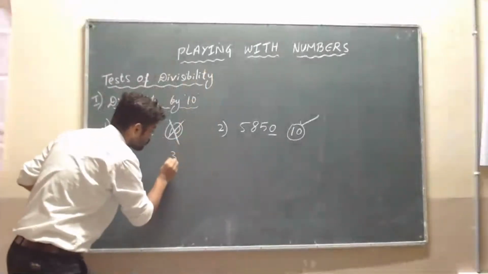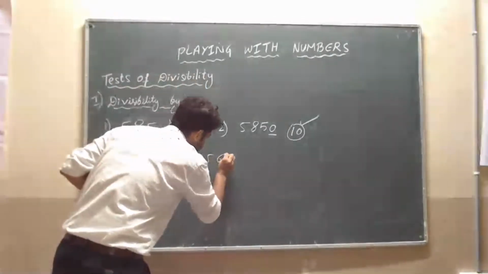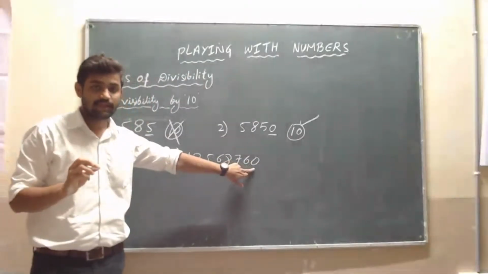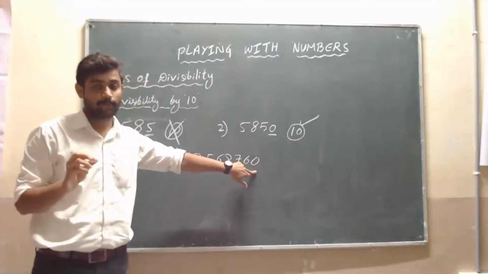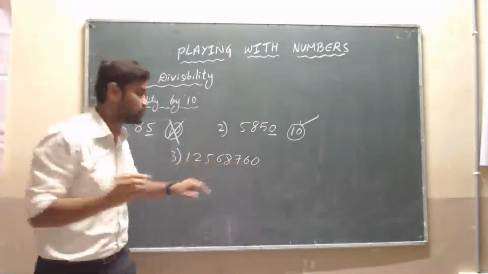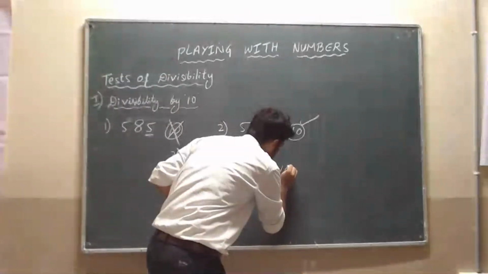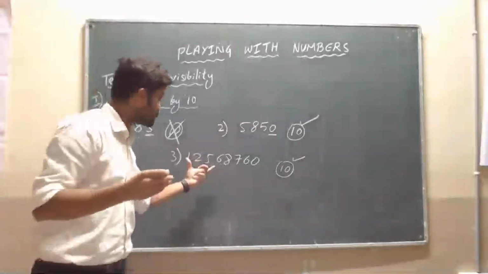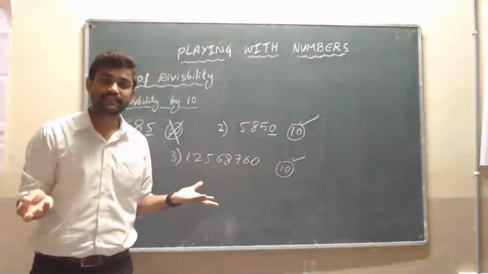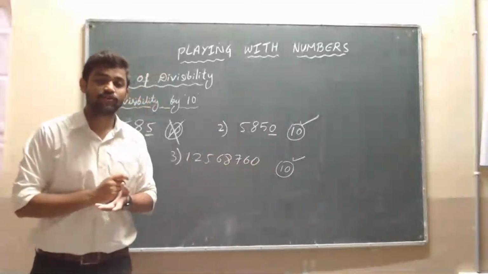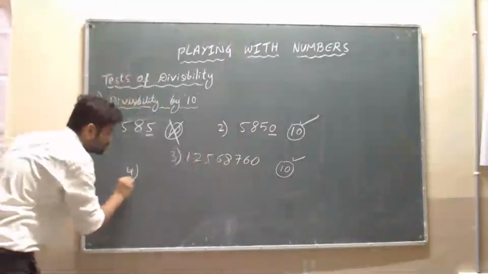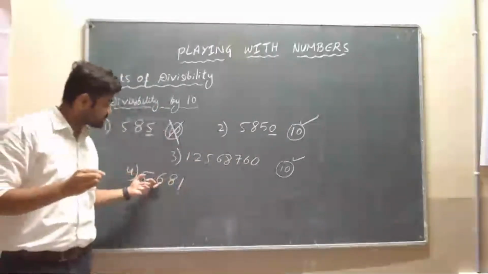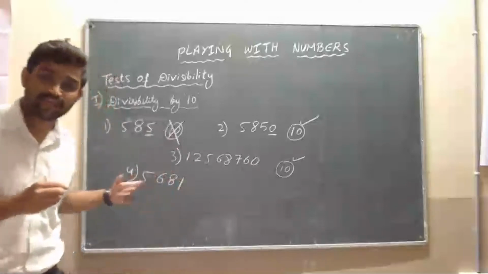Give any big number, say 1, 2, 5, 6, 8, 7, 6, 0. At the ones place it has to be 0, then only it is divisible by 10. Check with your calculator, the remainder is 0. Then again take 5681. Whether this number is divisible by 10?